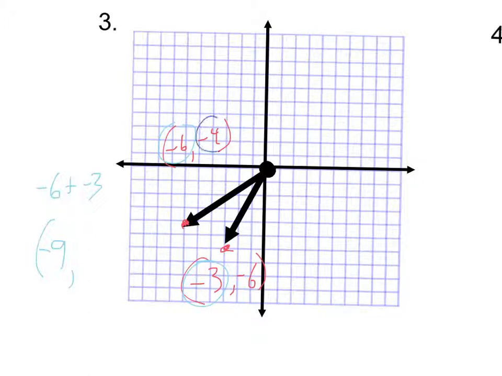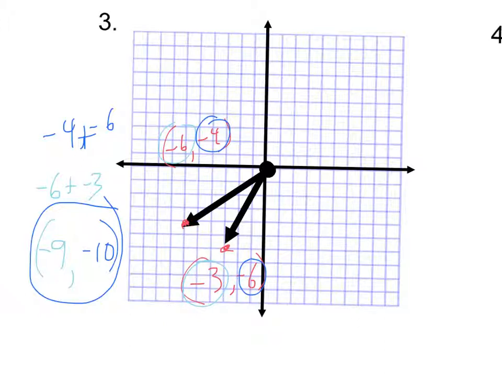And the y coordinates, negative 4 and negative 6, would be negative 10. So those would be the coordinates for your new vector. That point would be right here, and the drawing for your new vector would look like that. Okay, you can do 4 on your own.